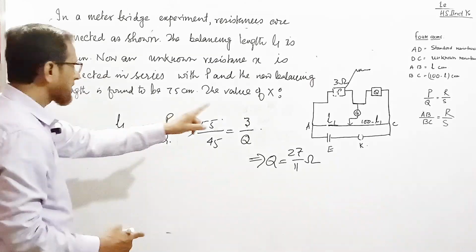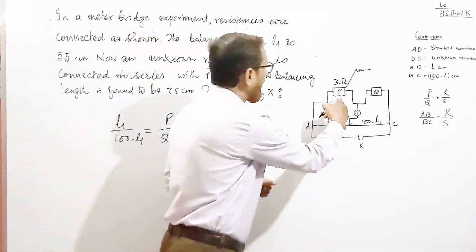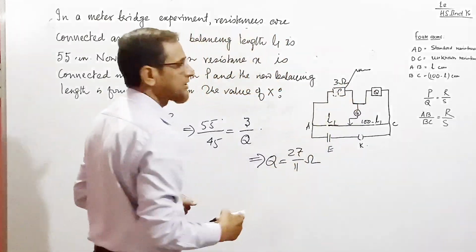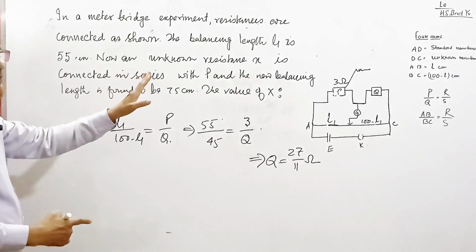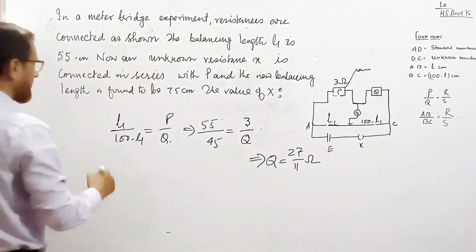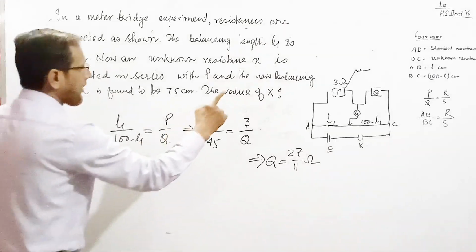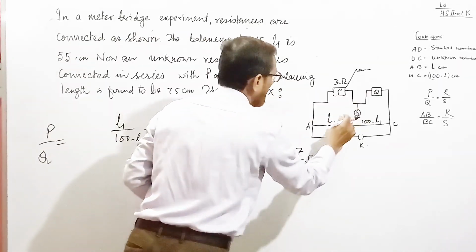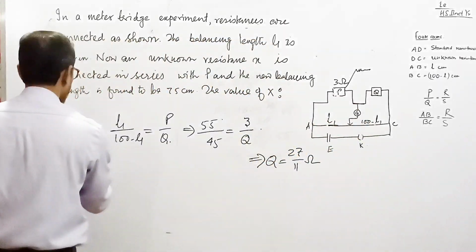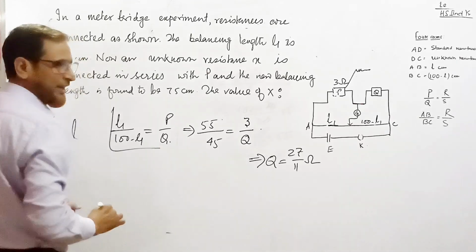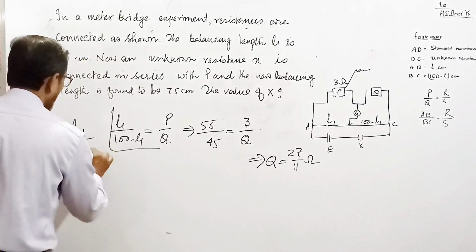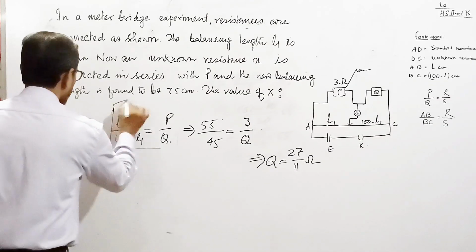Now in the next part, what you are asked is that along with P, a new resistance of X value is added in series. That is, P by Q is equal to L1 by 100 minus L1.